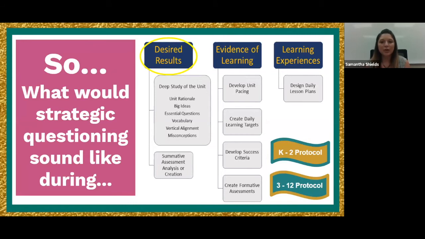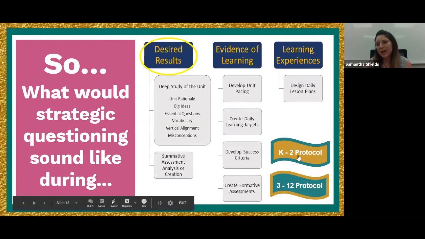It has right here a deep study of the unit, and then summative assessment analysis or creation for the desired results. What I'm going to do now is show you a protocol that I've again adapted from within my district, and I added some strategic questions that you can ask during that part of the process to help coach teams through it.